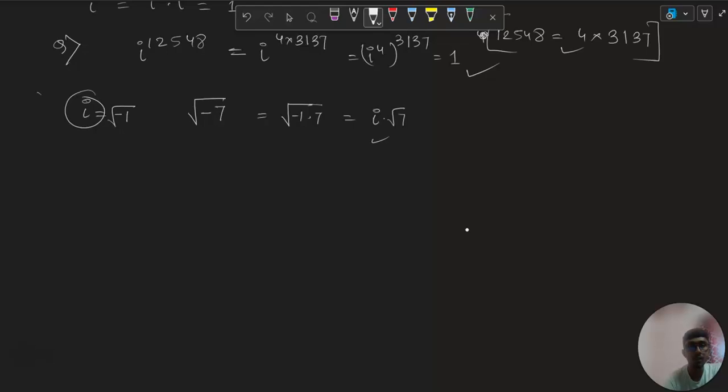For this kind of numbers we cannot put them on the real line, so we define an imaginary line to represent them graphically, right? So any number like ib, where b belongs to real numbers, we represent on the imaginary line or imaginary axis.